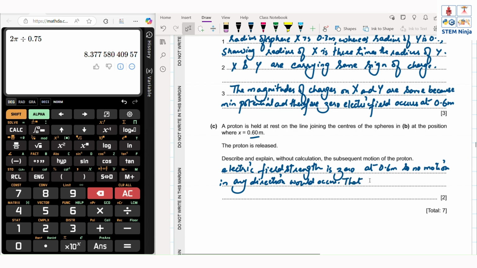That is because to move in any direction further would require energy or work to move up the potential gradient.